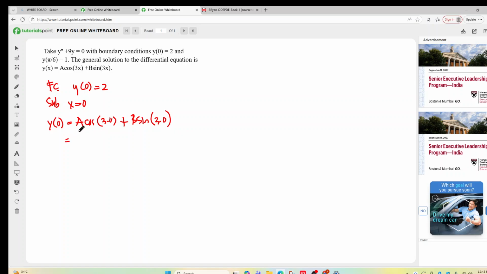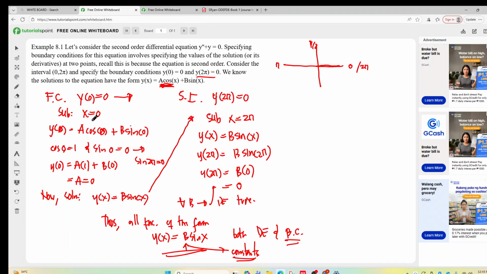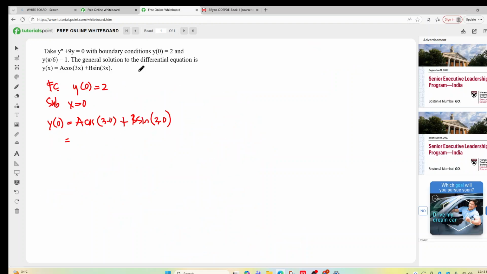Cosine 0 is 1, so we have a times 1 plus b sine 0, and b sine 0 is equal to 0, so y of 0 is equal to a.